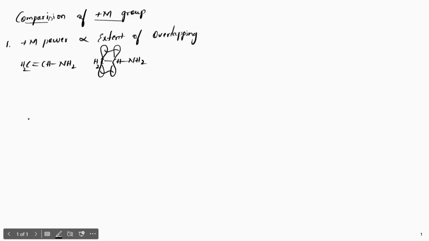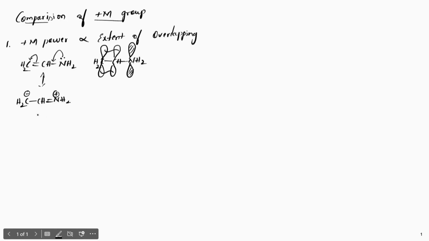Nitrogen has a lone pair of electrons, and this lone pair is involved in the resonance. Therefore, the pi electrons shift to the carbon atom, which can be written as CH2 minus single bond CH double bond NH2.